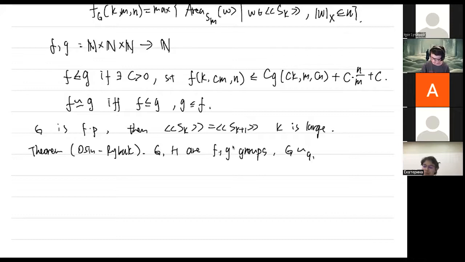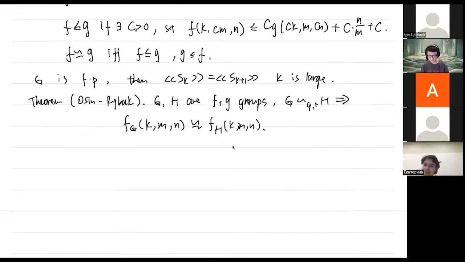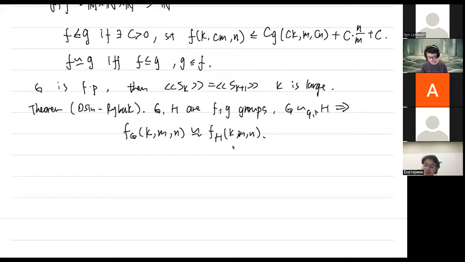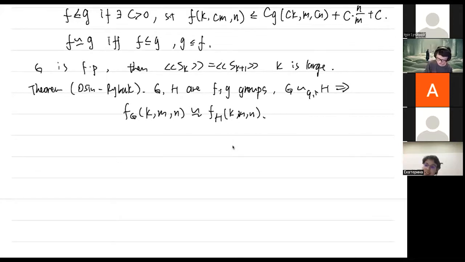So if G is quasi-isometric to H, then their multivariable Dehn functions are equivalent under this equivalence class. As I said, if G is finitely presented, the function does not depend on K.